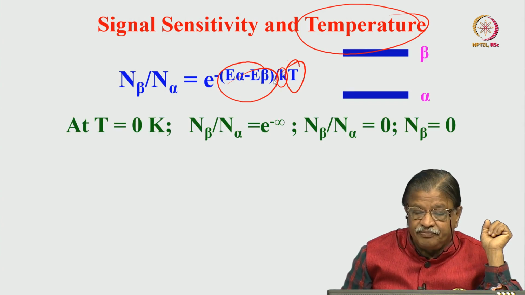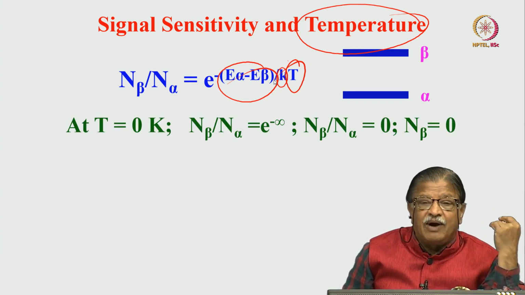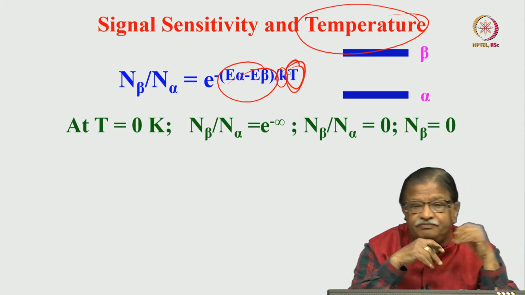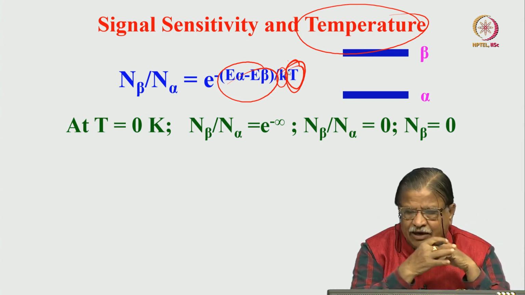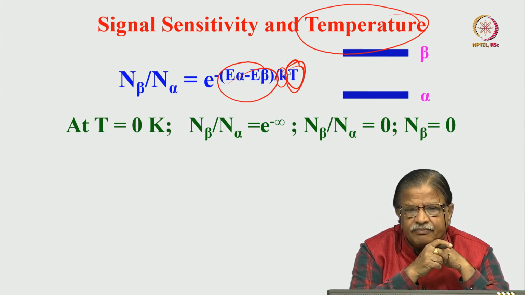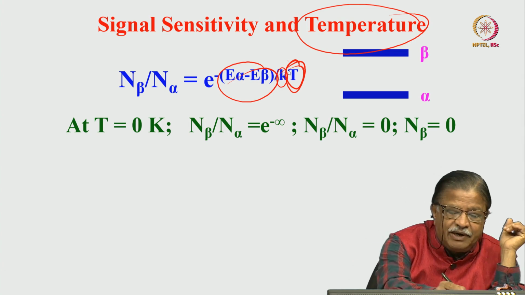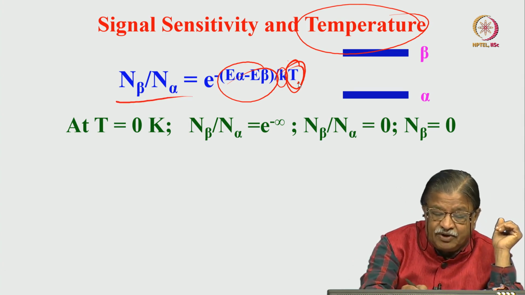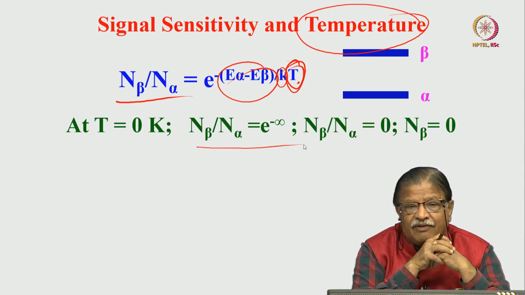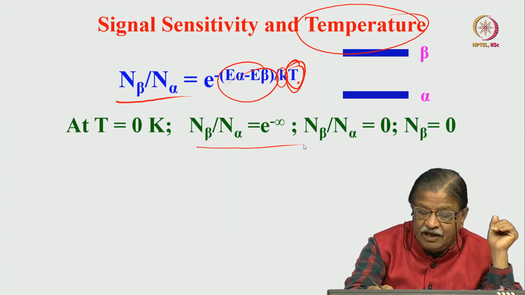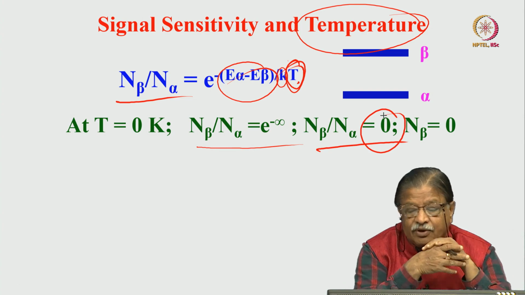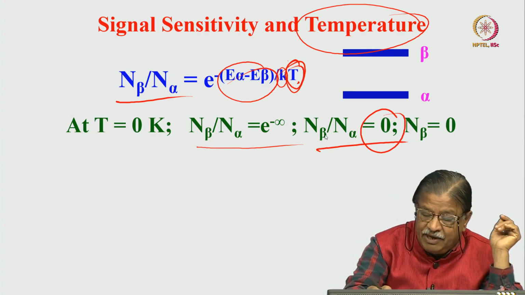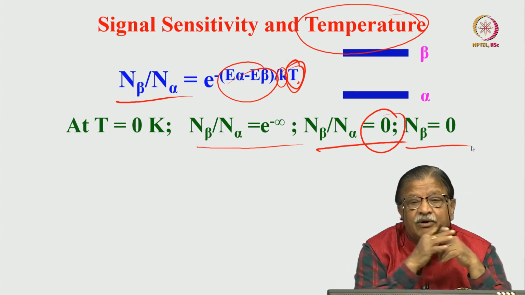Now what happens? Let us put some value, T as 0. Let us say I go to T equal to 0 K and calculate the population. Because T is equal to 0, n beta over n alpha is e to the power of minus infinity, which is 0. So when n beta over n alpha equals 0, n beta equals 0.